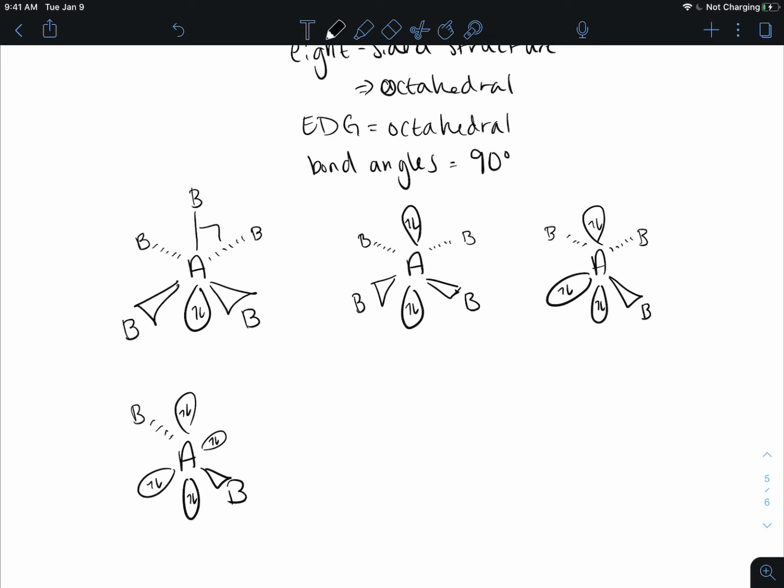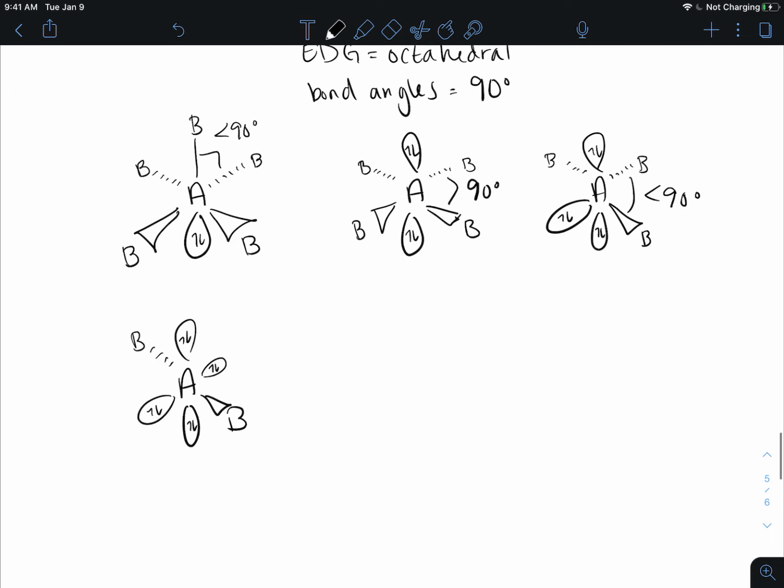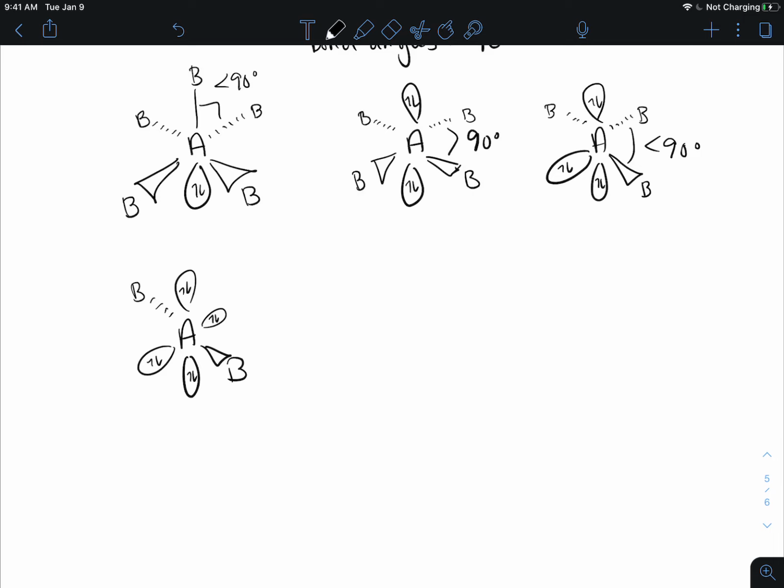So this one would be less than 90 degrees up here. Since we've got equal repulsion from both sides, these bond angles will be 90 degrees. And then we go over to this next one. Because of this extra pair of electrons, this is going to be less than 90 degrees. And for this last one, we'll actually have a bond angle of 180 because we've only got the 3 atoms and they're in a perfect line.